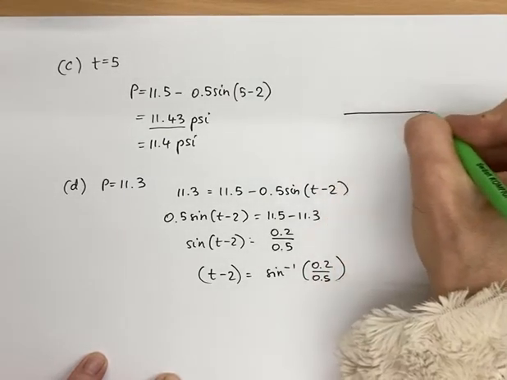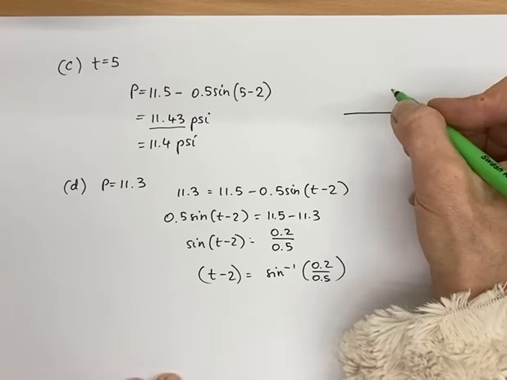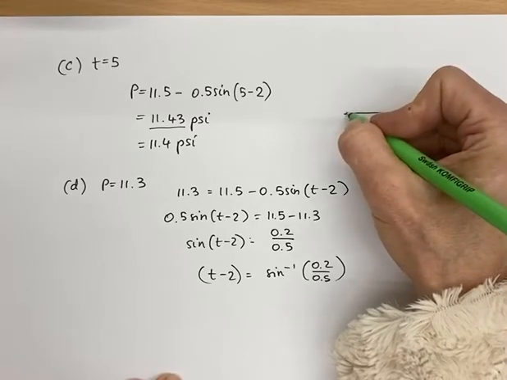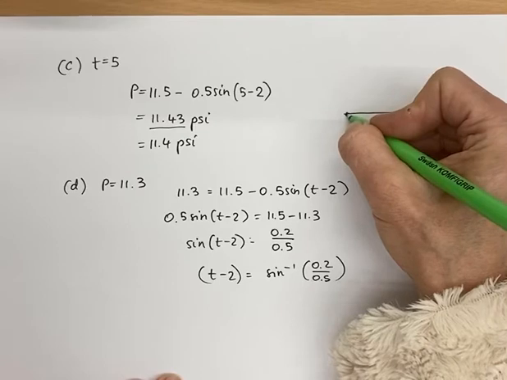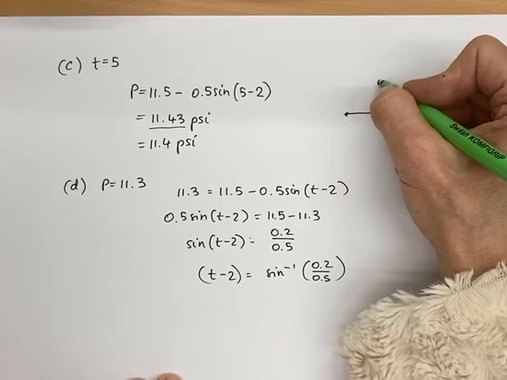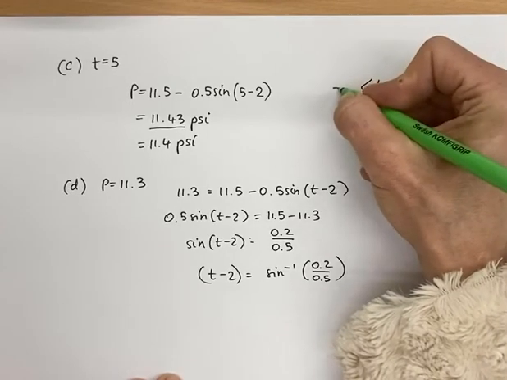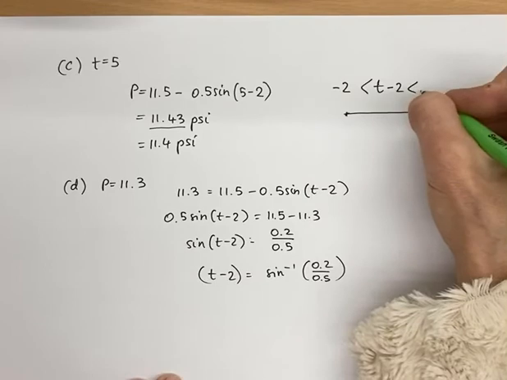Again, if you're going to work from, you've got to allow your range of values for t, such as time, to be shifted. So you're going to make sure that you start from minus 2.